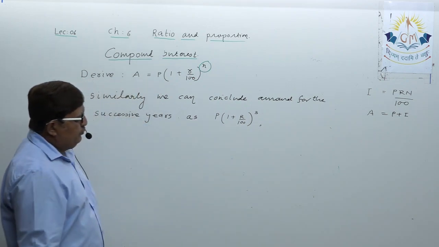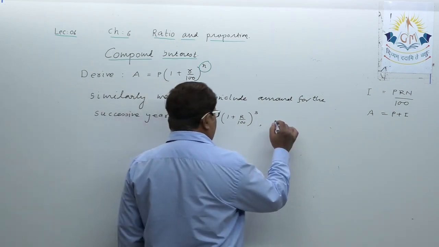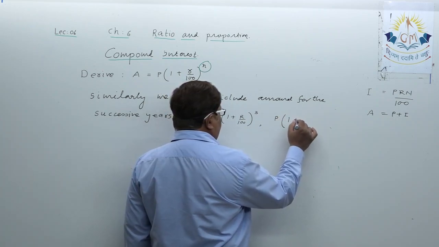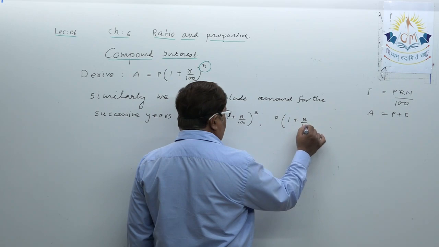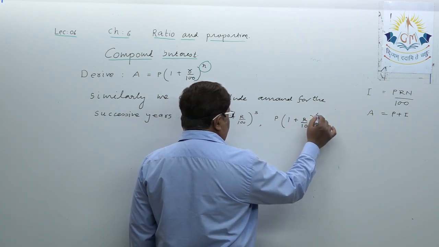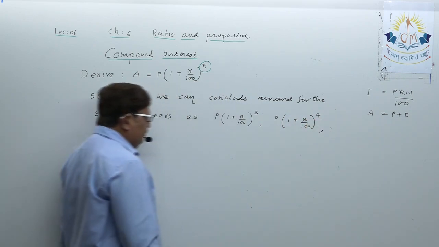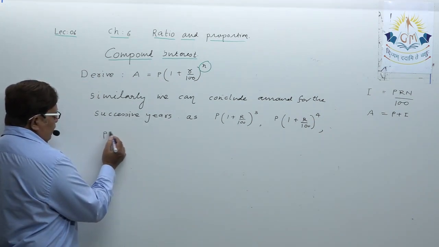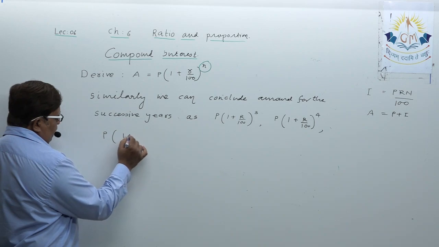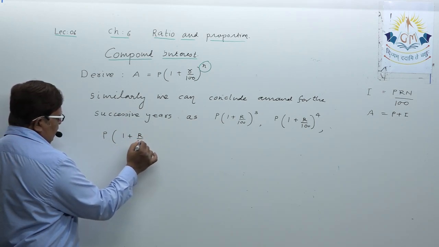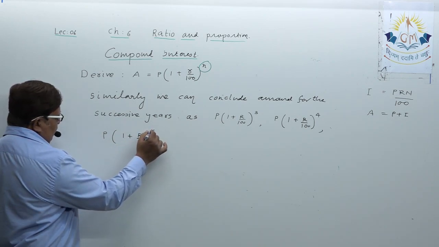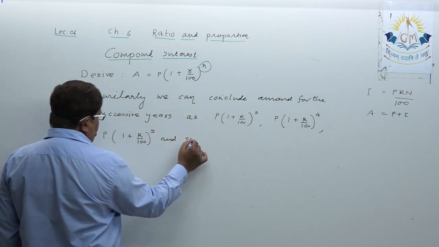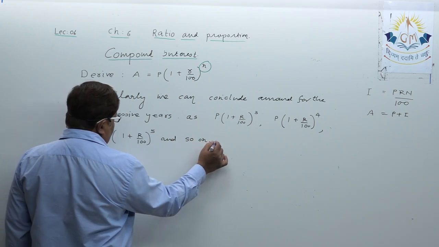Then P into 1 plus R upon 100 raised to 4. Then P into 1 plus R upon 100 raised to 5 and so on.